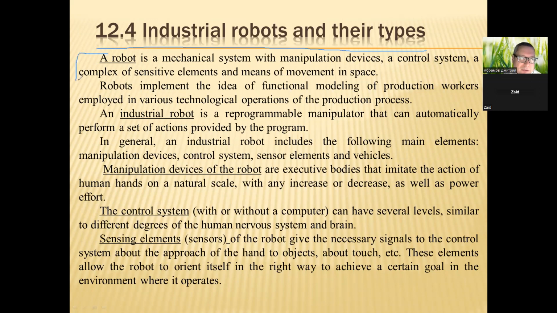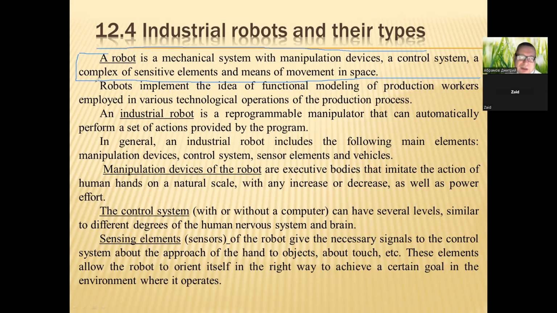Write down to your notes definition of a robot. What is a robot? Robots implement the idea of functional modeling of production, workers employed in various technological operations of the production process.